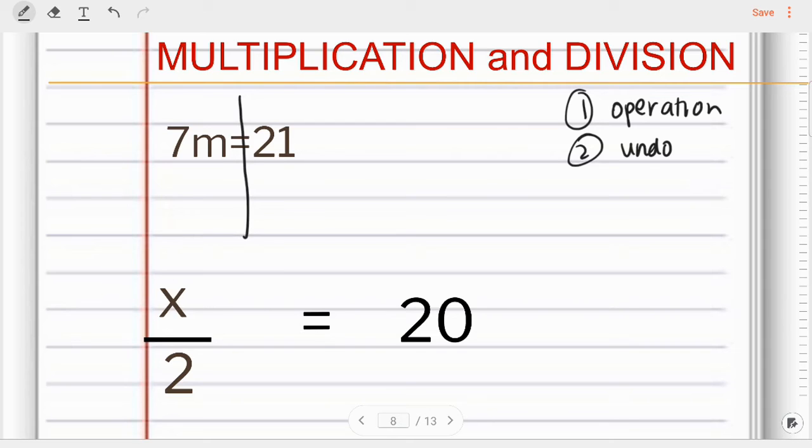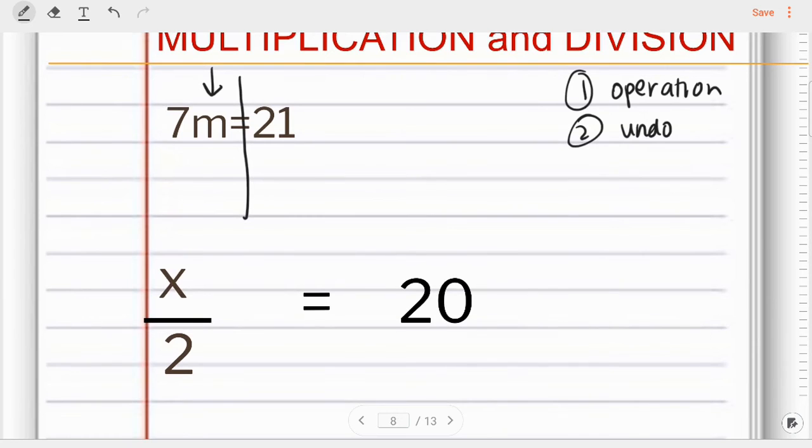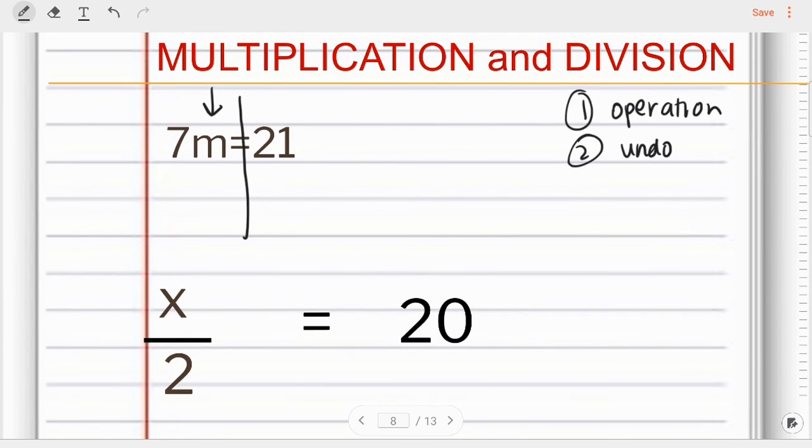I'm going to decide where my variable is. There it is. Now I'm going to decide what operation is going on. Now there's no symbols that indicate what operation is going on, but remember, 7m is the same as 7 times m. So the operation on this problem is multiplication. How am I going to undo that? I'm going to undo that with division.